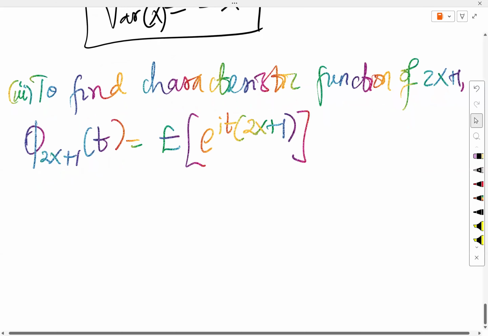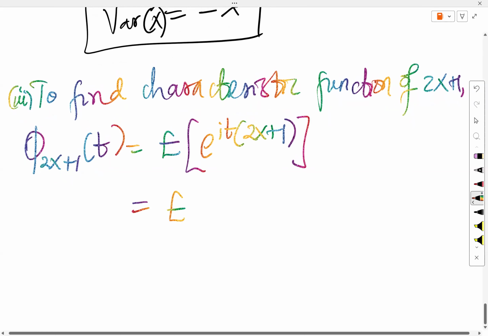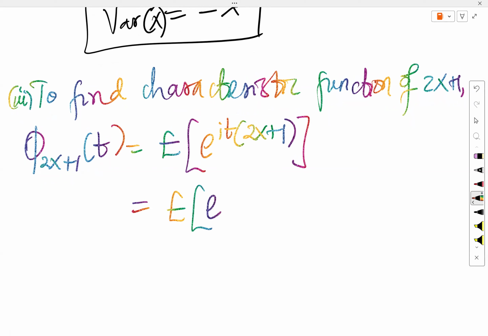And that is simply the same thing as the expectation of, if you break this down, e raised power 2itx multiplied by e raised power it. That's simple law of indices. So we are splitting that up.